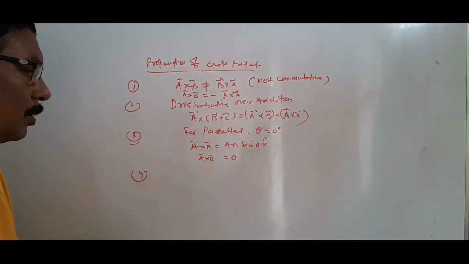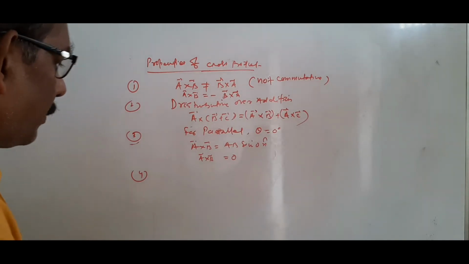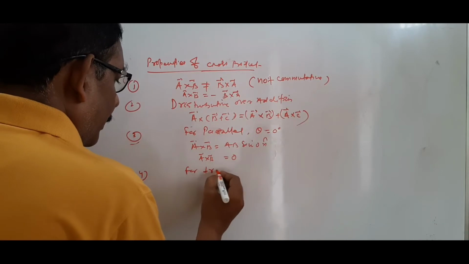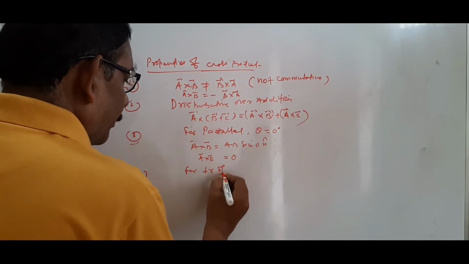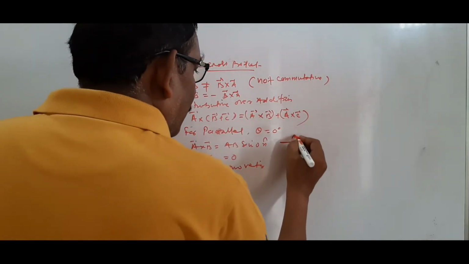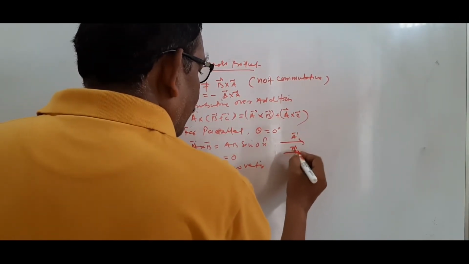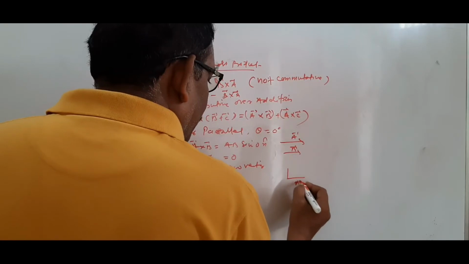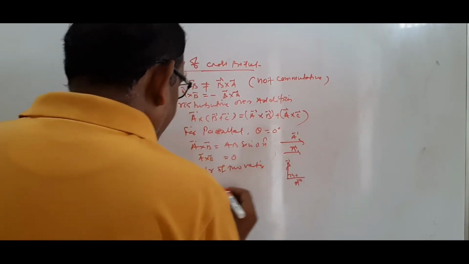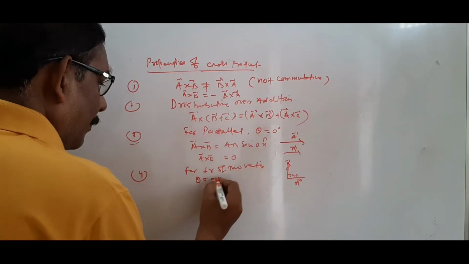Number 4, two vectors are perpendicular. For perpendicularity of two vectors, theta is 90.